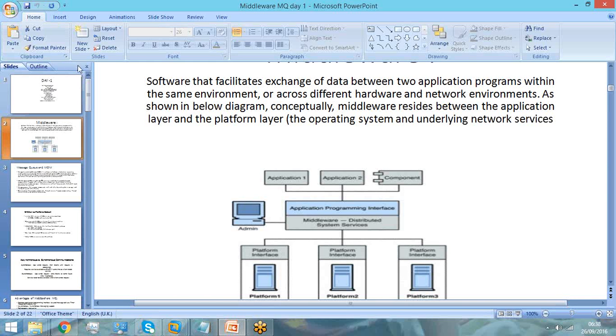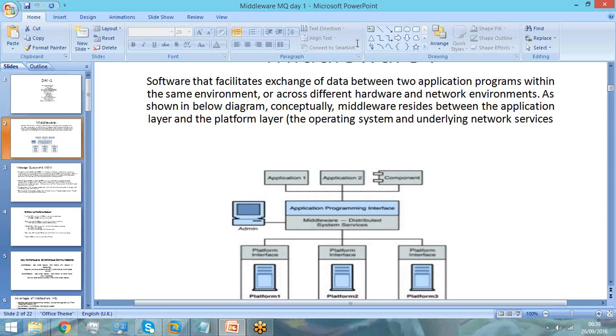As I told you, middleware is a product that comes in between the application and your underlying operating system or network. What do middleware products basically do? They take up all the application data.